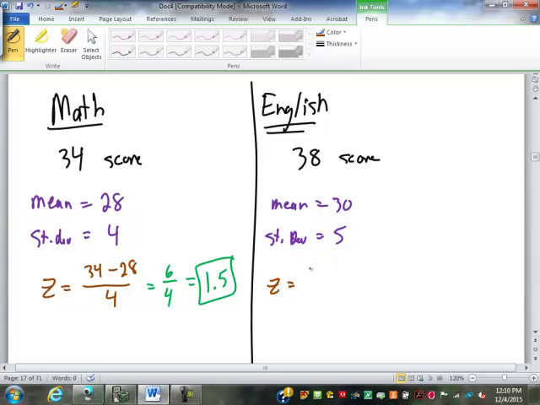So we had 38 minus 30 divided by 5. 38 minus 30 is 8, divided by 5 is 1.6. The English score was 1.6 standard deviations above the mean. So yeah, your English score is slightly better. Make sense?